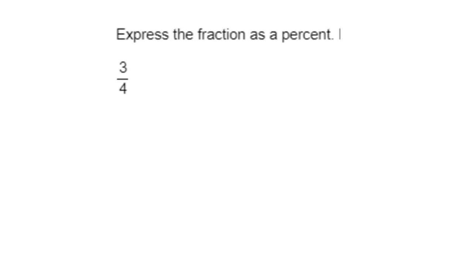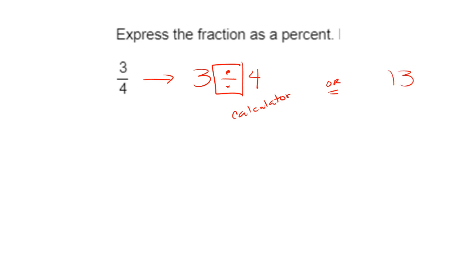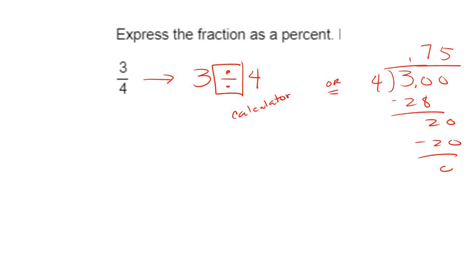Now, here we're going to change this fraction to a percent. So what you need to do is literally divide the 3 by the 4. This can be done in a calculator, and you will get a decimal answer, or you can go old school and say 3 divided by 4 and just take that out as far as it will go. 4 goes into 3 zero times, so 4 goes into 30 7 times, that'd be 28, and I subtract. 4 goes into 20 5 times, that'd be 20, and I subtract, 0 remainder.